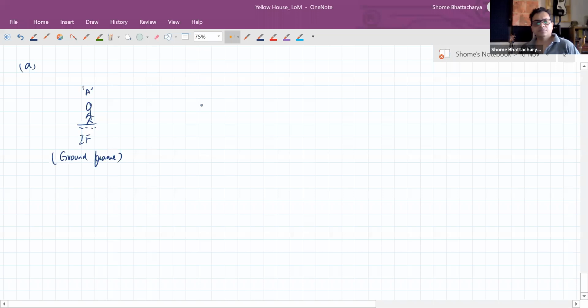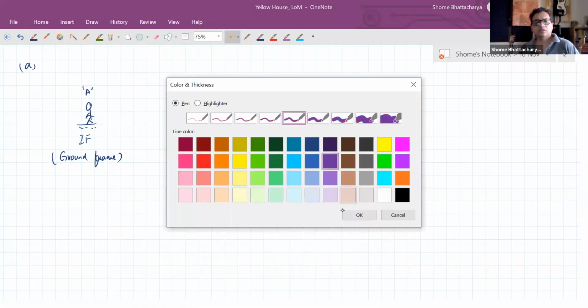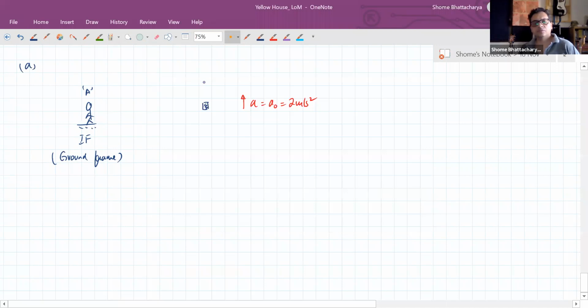So in that frame, the body itself has an upward acceleration of 2 meters per second square. Whereas there are two forces acting on the body, and they are the force of tension acting upwards and gravity acting downwards.